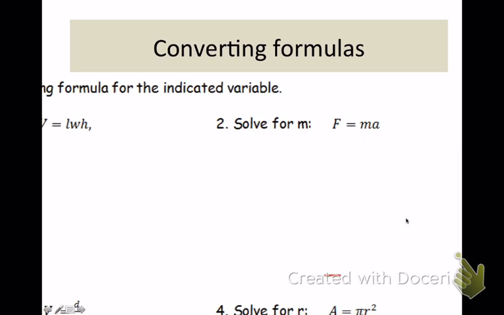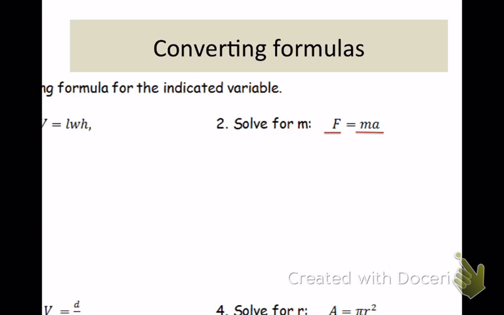All right, so for number 2, we have the force equals mass times acceleration. This time I want to solve for the letter M. So in order for M to be all by itself, I need to eliminate the A that's next to it, or the A that's multiplying it. The opposite of multiplication is division. So I'm going to divide both sides again.